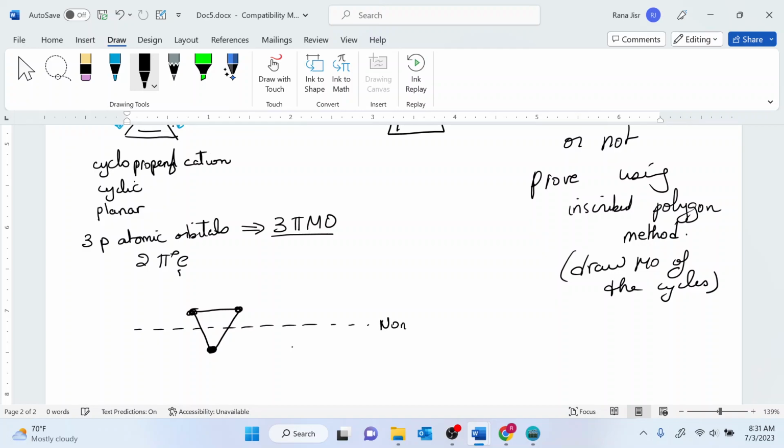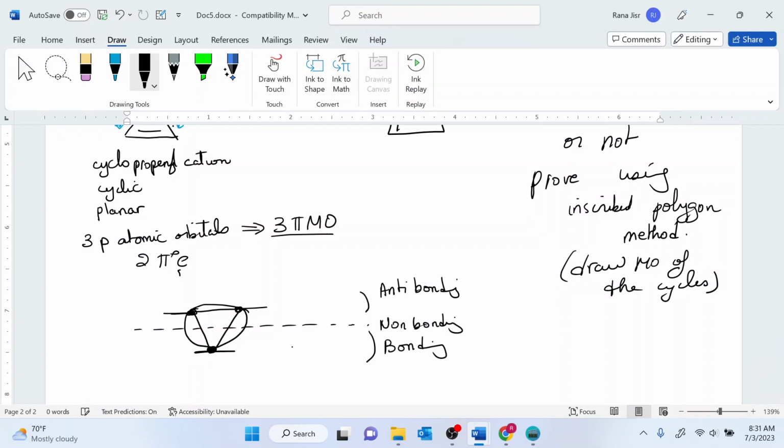That line is going to be the non-bonding line. Underneath this line, you have the bonding molecular orbitals. Above the line, you have the anti-bonding molecular orbitals. And then go ahead and inscribe your cycle in a circle. The points where your carbons meet the circle are the molecular orbitals.